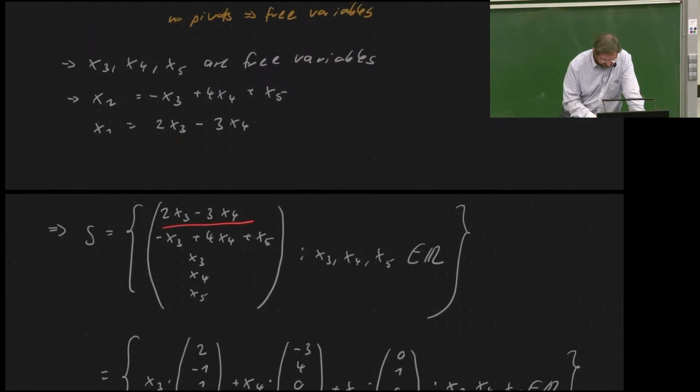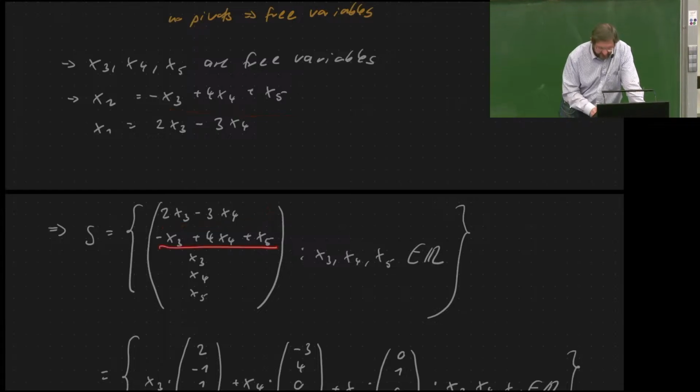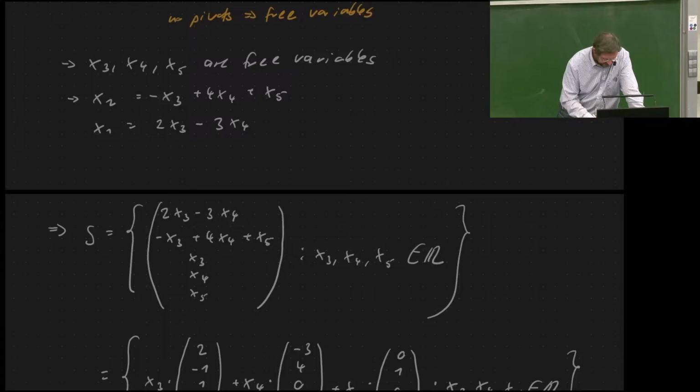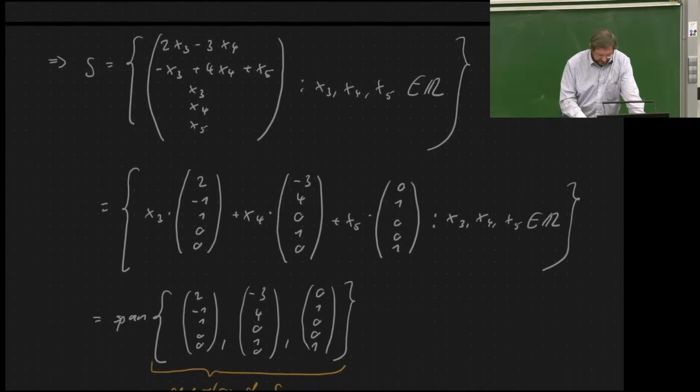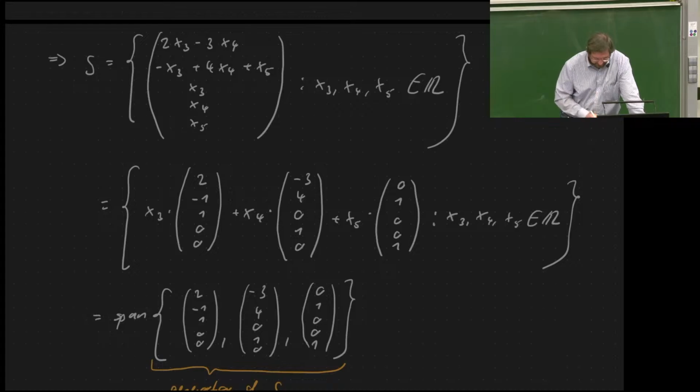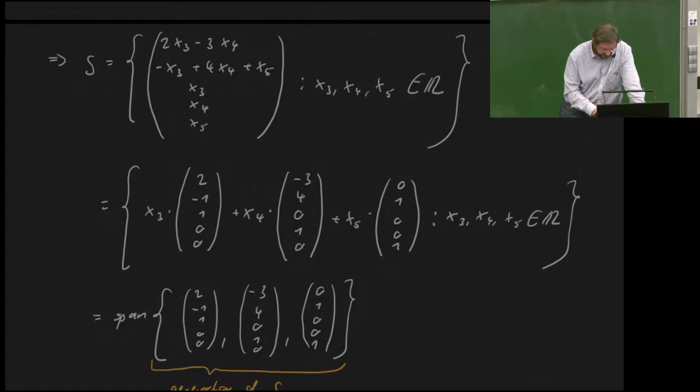We get this x1 here as our first coordinate. We get this x2 expression as the second coordinate. And x3, x4, x5, those may be chosen freely, so just put in any value you like, right? So any real number yields a solution. And let me rewrite this by collecting all the x3 coefficients, all the x4 coefficients, all the x5 coefficients.